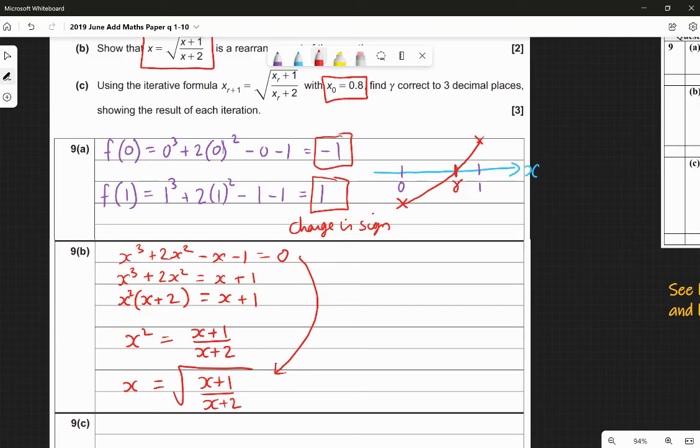So x0 is like the 0th value of x. In iteration, we substitute in an initial value for x, and we keep repeating the process, and it gives us our next value and our next value. So if we use 0.8 as our 0th value, we will use that to find our first value, and then we will use our first value to find our second value, etc.